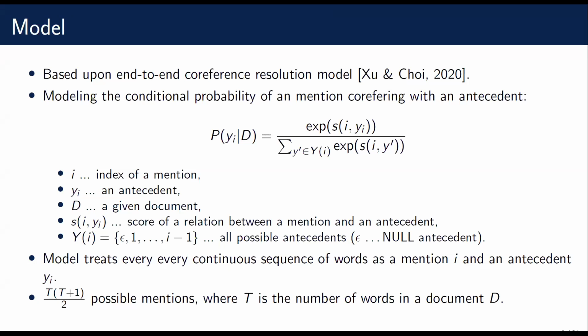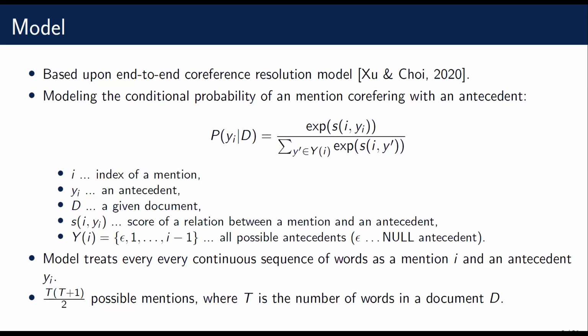So you are modeling a score of similarity or a relation between two mentions. It is modeled as a softmax. So you go over all possible antecedents. If you have a mention, you iterate over all possible antecedents and you select the one that is most probable.